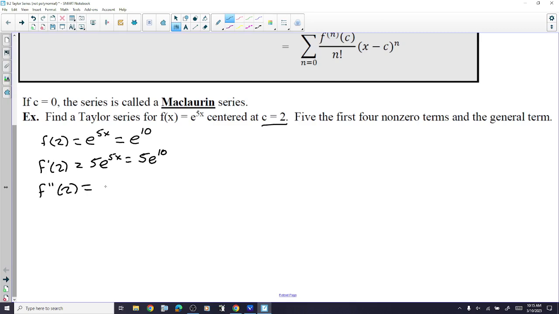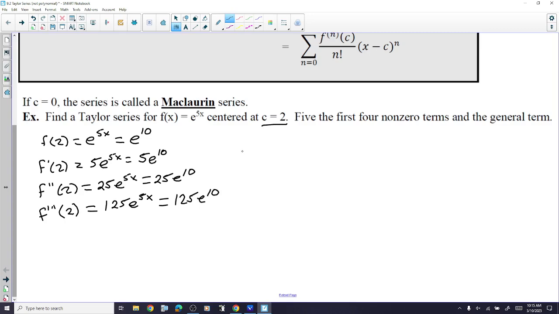Second derivative is 25e to the 5x, that's 25e to the 10th. First 4 non-zero, now this is the last one then: 125e to the 5x, which is 125e to the 10th.